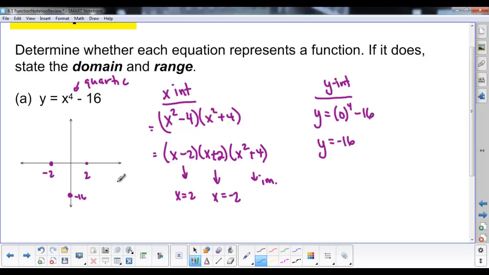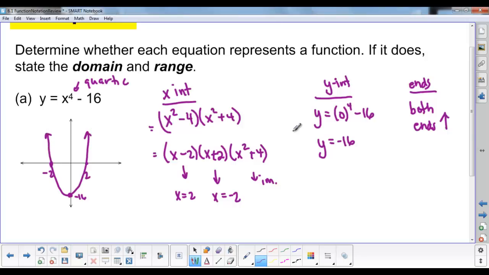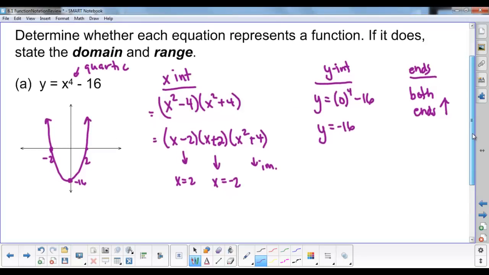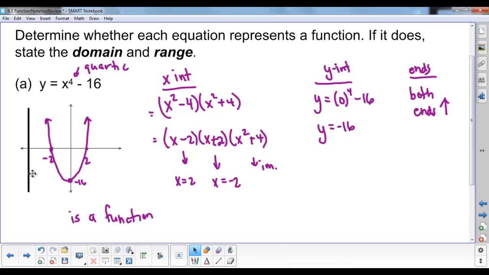Because we have a quartic with a positive leading coefficient, I know that both ends of my end behavior will rise. So what we end up with is a skinny looking parabola. Clearly, from our graph, we can see that this does represent a function, because if we did the vertical line test, it would pass.